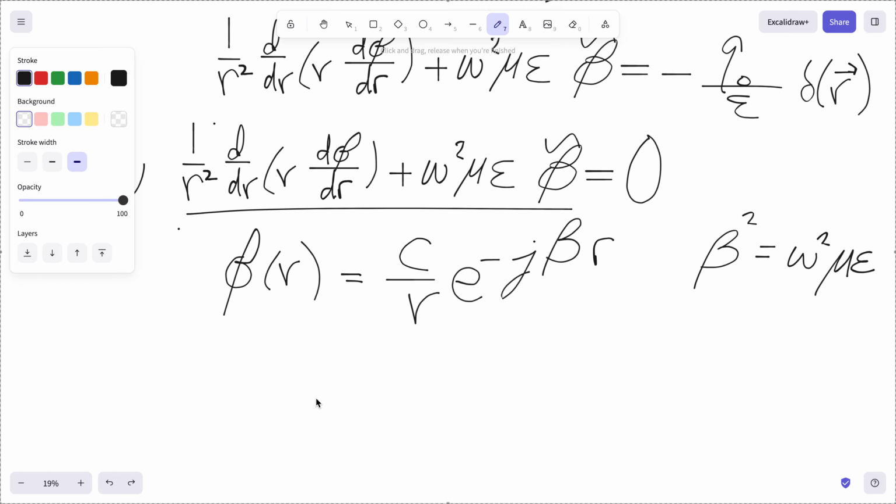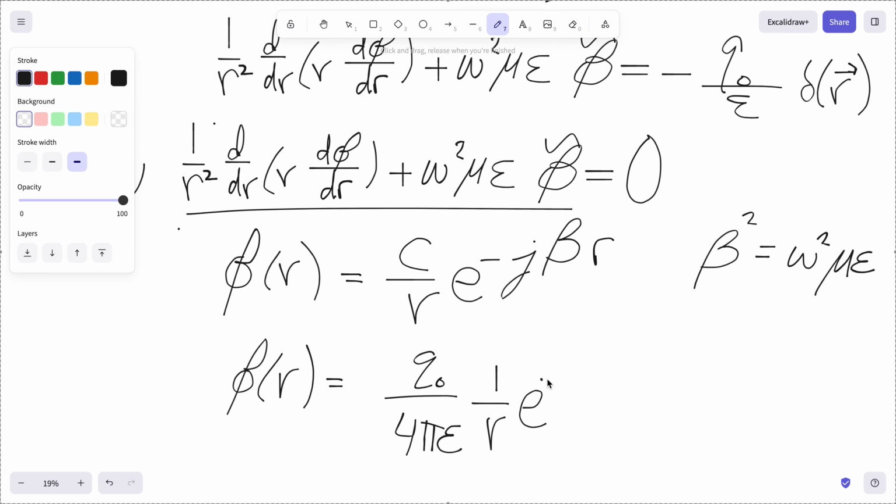C equals q naught over 4 pi epsilon, so that phi of r is equal to q naught over 4 pi epsilon times one over r e to the minus j beta r.